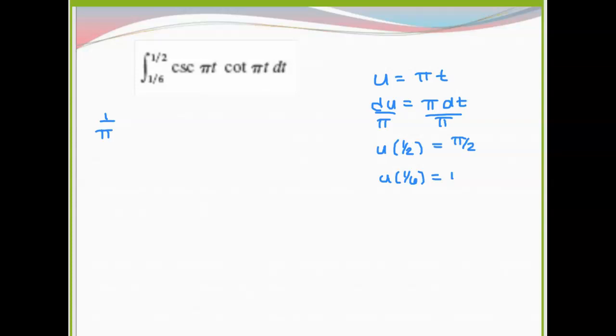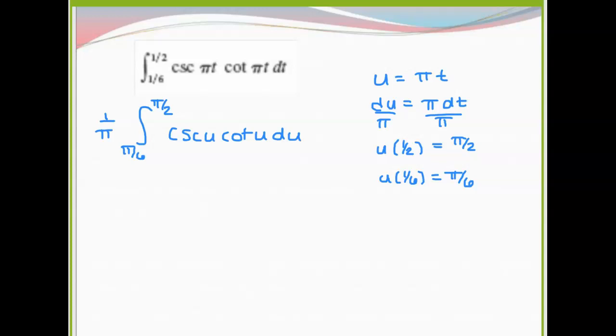So it becomes pi halves and pi 6. So changing my problems to u's, you get 1 over pi, integral from pi 6 to pi halves, cosecant u cotangent u du.